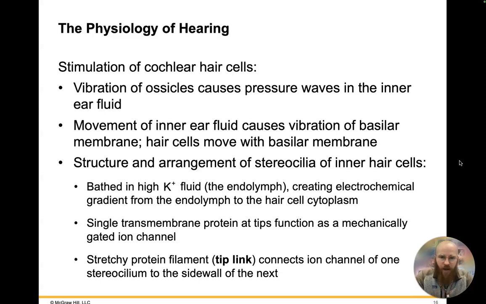The structure and the arrangement of what we call stereocilia of the inner hairs are basically bathed in endolymph, right? And that endolymph has high quantities of potassium ions, right? So those charged particles can actually create a gradient from the fluid to the hair cell itself, right? Between the inside of the hair cell and the outside fluid.